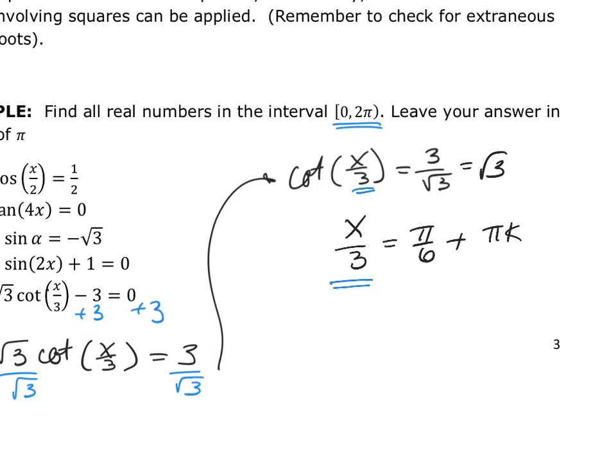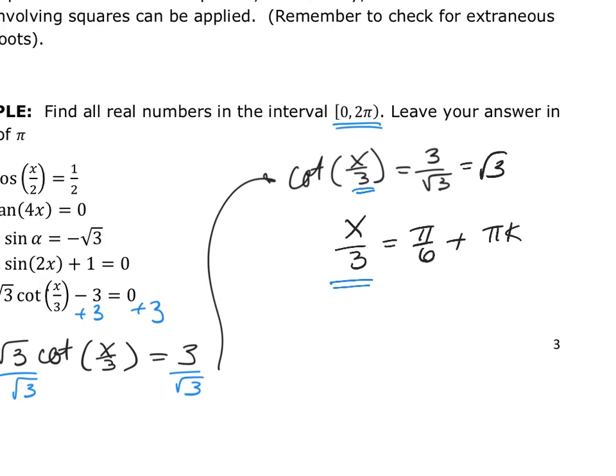I don't ever, if I can help it, use any half angle, double angle, or anything if I have just x over 3, x over 7, or just 2x. I don't do any of those if I can help it, because I know the cotangent of my angle, which just happens to be called x over 3, is going to be true when I'm at pi over 6. Now I solve for x.